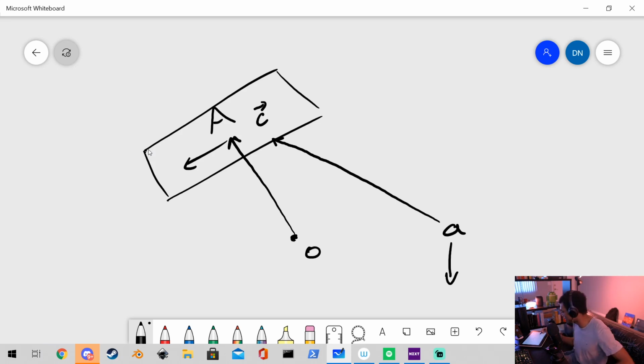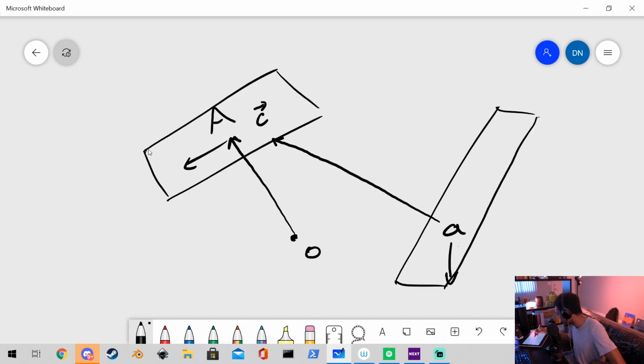So then the question becomes, how can you align this vector to this vector if these vectors are in different planes? And the way you have to do that is that you have to project this vector onto the plane defined by this vector. And that'll give you some projection.